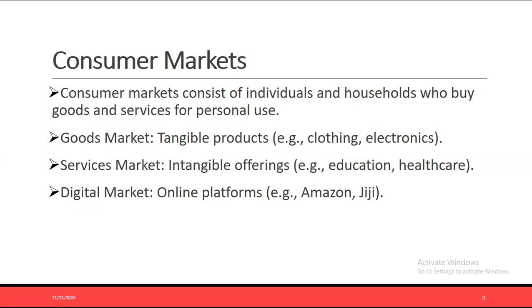All of those are people who patronize the intangible offerings, so we refer to those as the services market. Then, in recent times, you have the digital markets, where you have those who make purchases through online platforms.